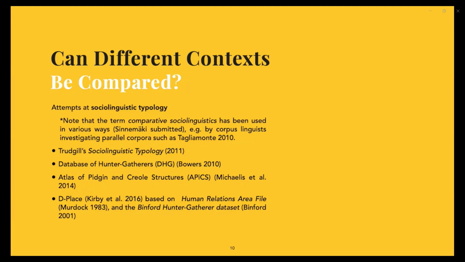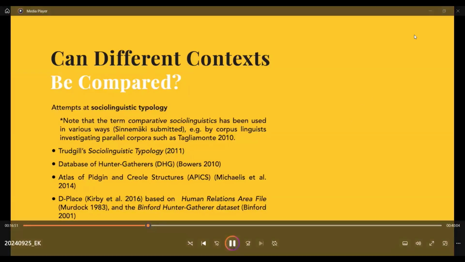This collects a vast amount of data on various human societies. It collects data from the Human Relations Area Files and the Binford hunter-gatherer dataset, and is quite an extraordinary resource. So if you're familiar with linguistic typology and databases like the World Atlas of Language Structures, WALS, these three databases that I mentioned would seem probably quite familiar.